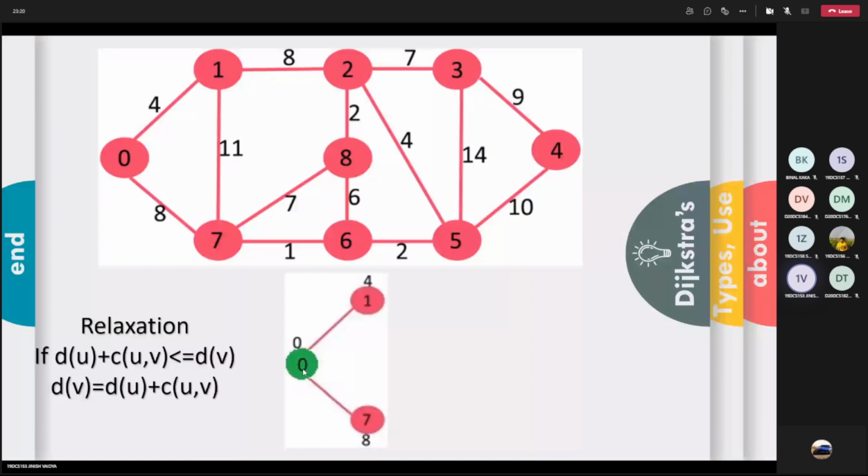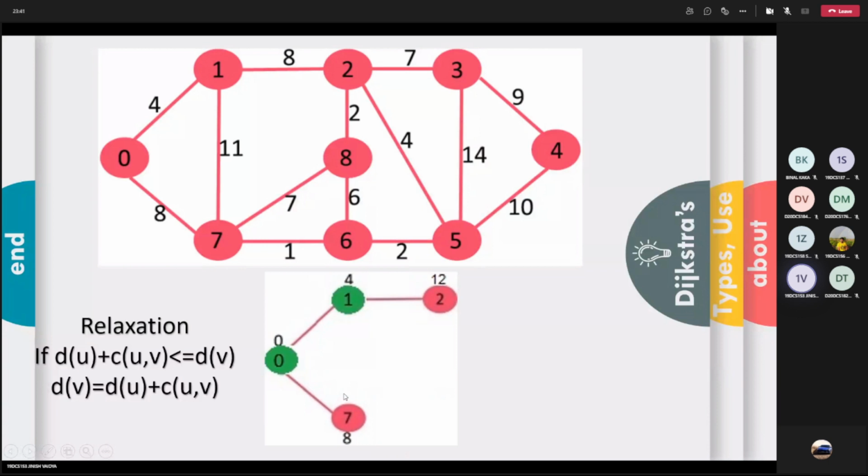Now we consider the relaxation formula to find the minimum distance. Here the distance from 0 to 1 is 4, and from 0 to 7 is 8. The minimum distance between 8 and 4 is 4, so we mark 1 as a visited vertex.